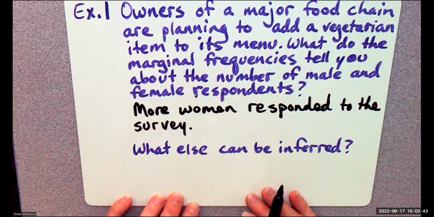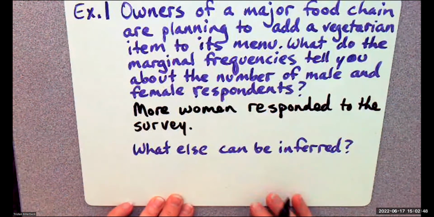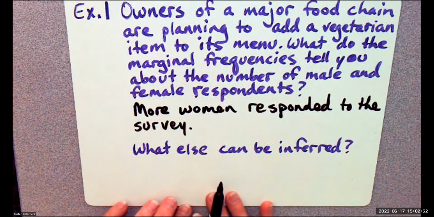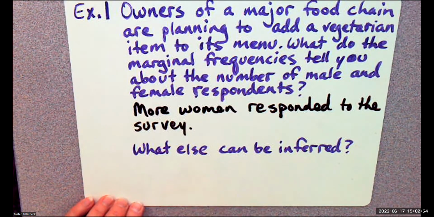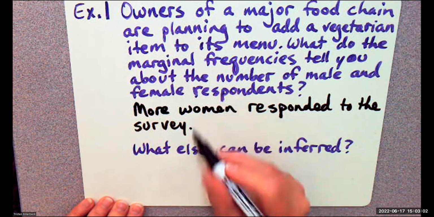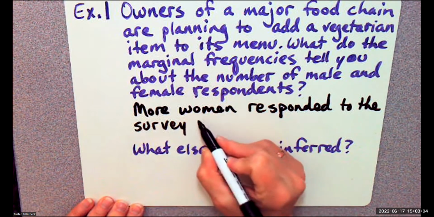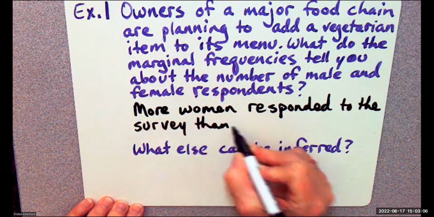Certain people don't like to take surveys, and their opinion is just as valuable as the people who do take surveys. So this can be incredibly important in making decisions. So we have to understand that. So more women responded to the survey than men. So that's a little bit of a problem.